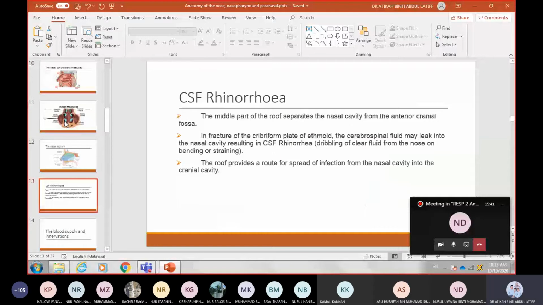Okay, so the leakage is called CSF rhinorrhea. Also, if there is a fracture at the cribriform plate, infection from the nasal cavity can also travel up into the cranial cavity, and you don't want that to happen, right? So you need to fix the fracture as soon as possible.